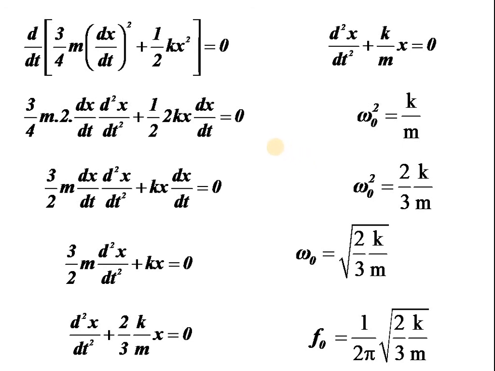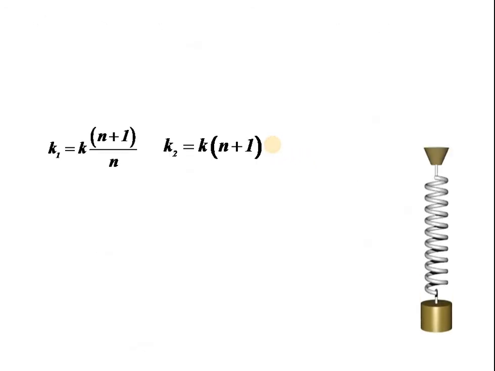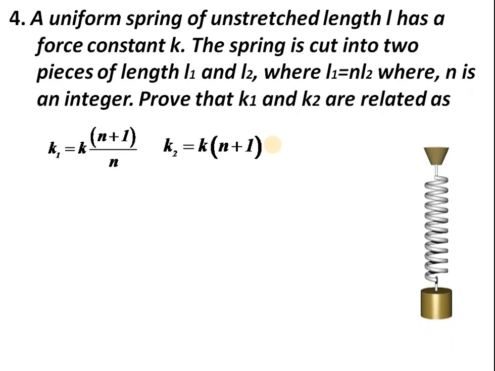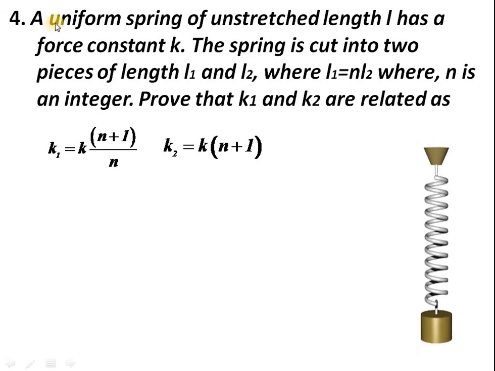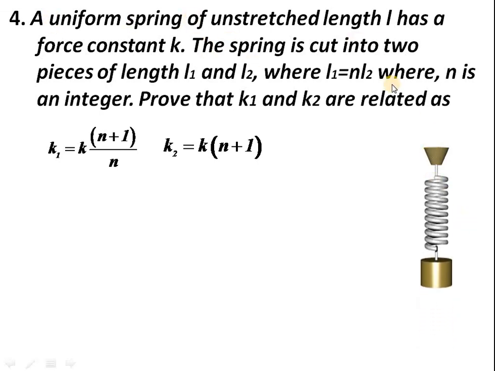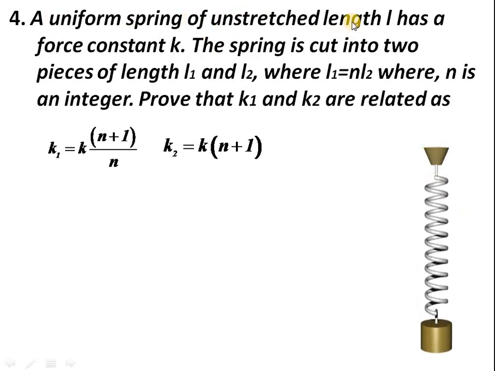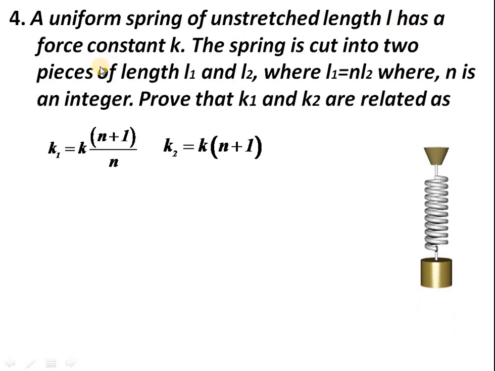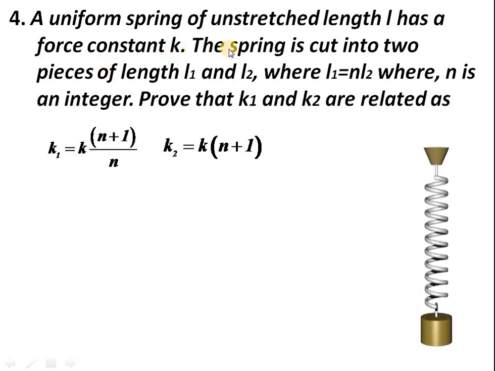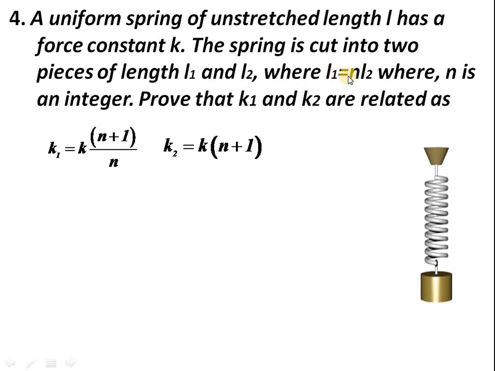So this is another interesting problem, and we have the fourth question. Again, a uniform spring of unstretched length has a force constant k. Now the spring is cut into two pieces of length L1 and L2, with the condition L1 is equal to n L2, where n is an integer.